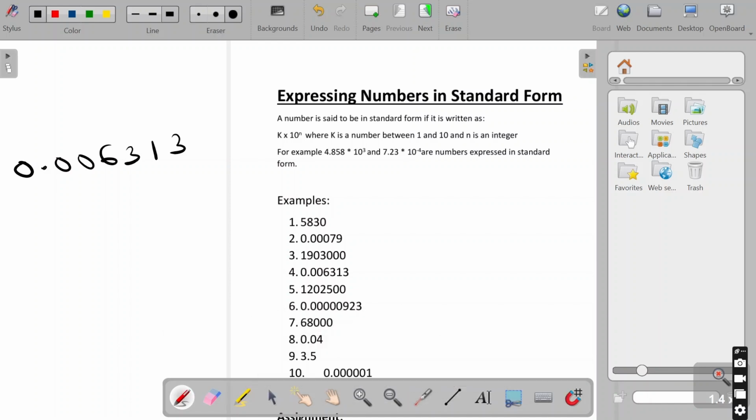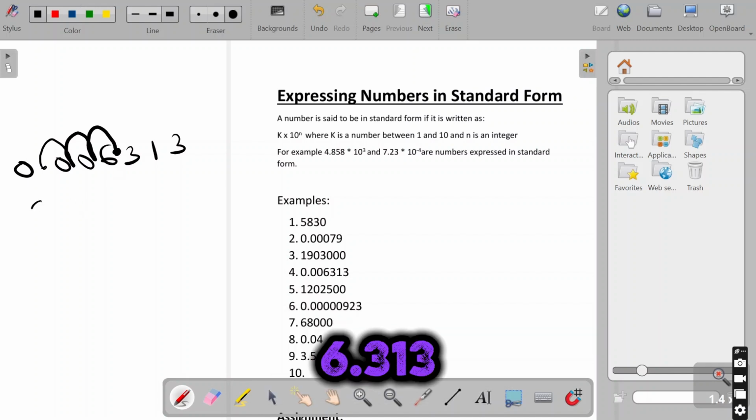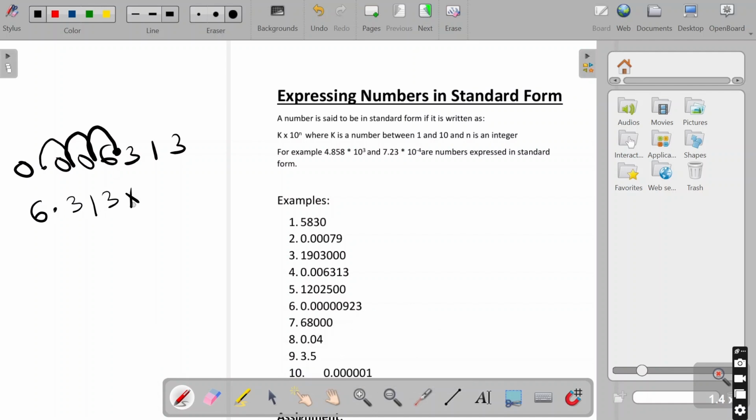You have to move this decimal point 1, 2, 3 so that it rests here. How many times did I move it? 3 times. So that will be 6.313 times 10 raised to power minus 3. So this is the answer.